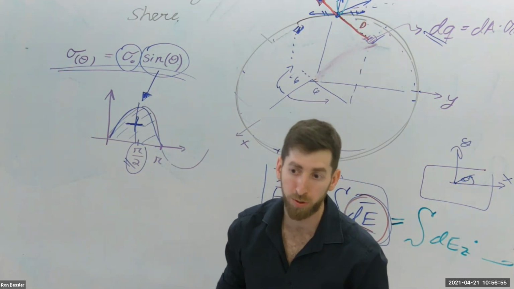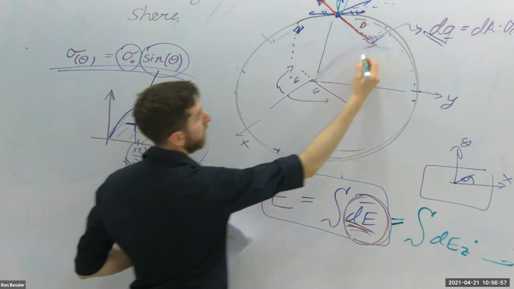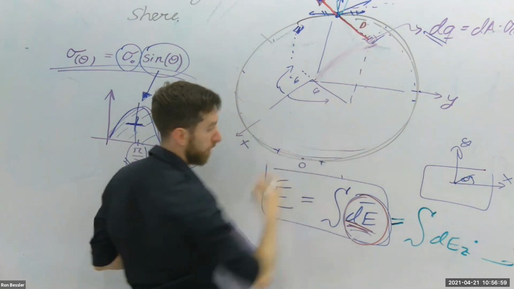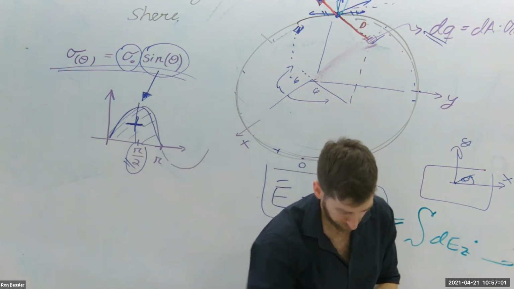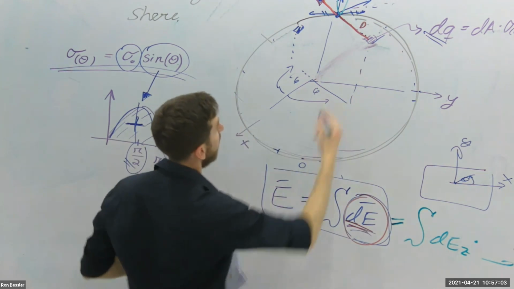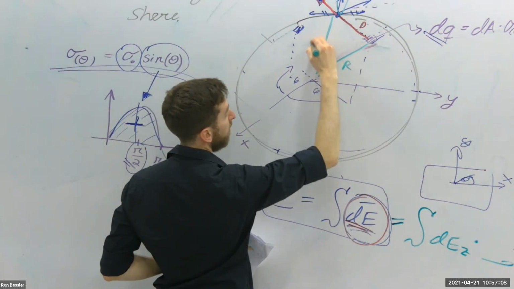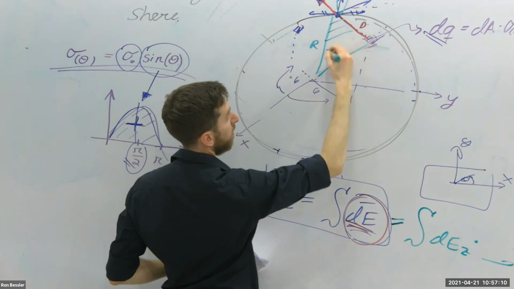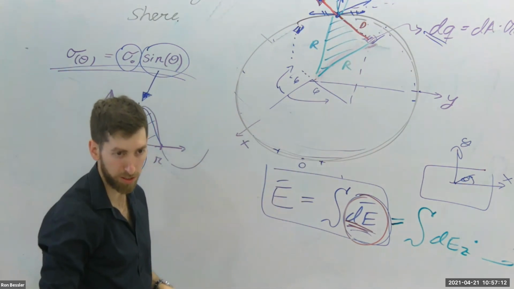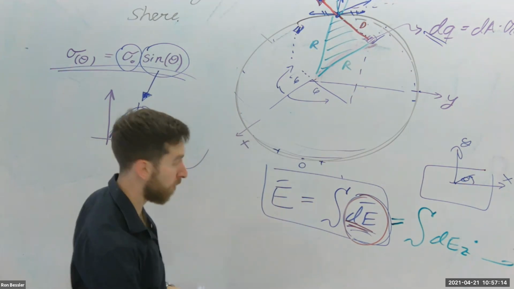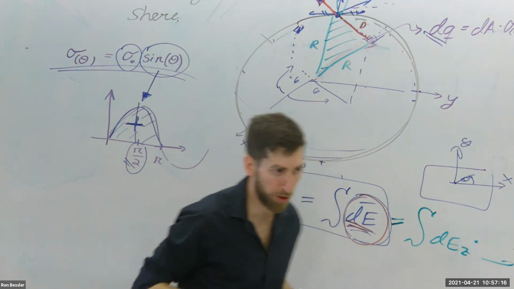I know the radius, right? So I can do this. Radius R, this is d, and this is R. You all see this triangle, right?